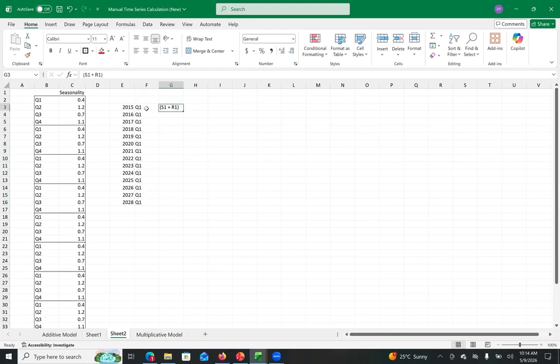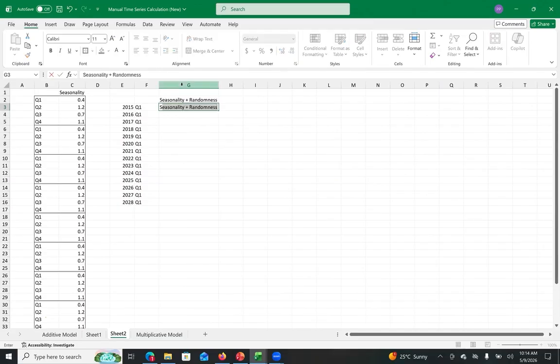So I have this column, seasonality plus randomness. It is going to be seasonality plus R1. Next time, some seasonality component plus some R2, because randomness is not going to repeat itself. So it will be a different value every time.